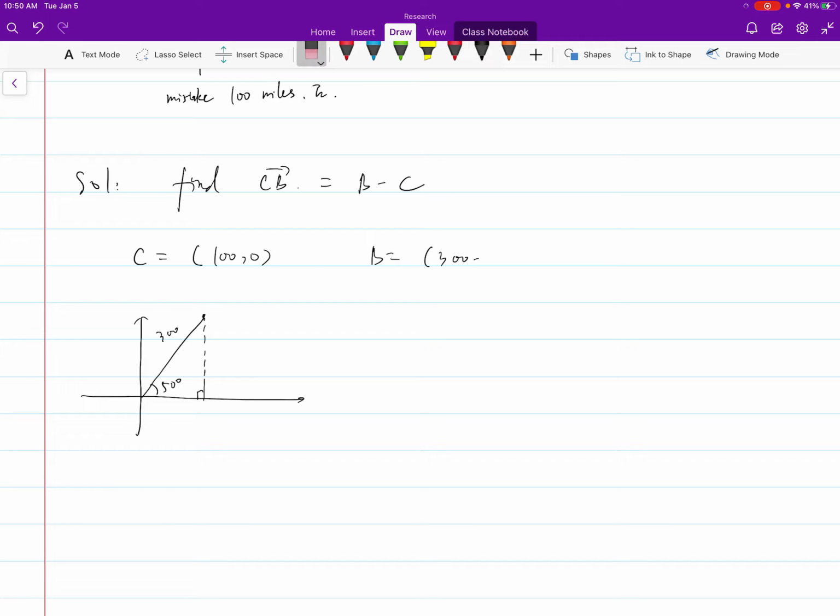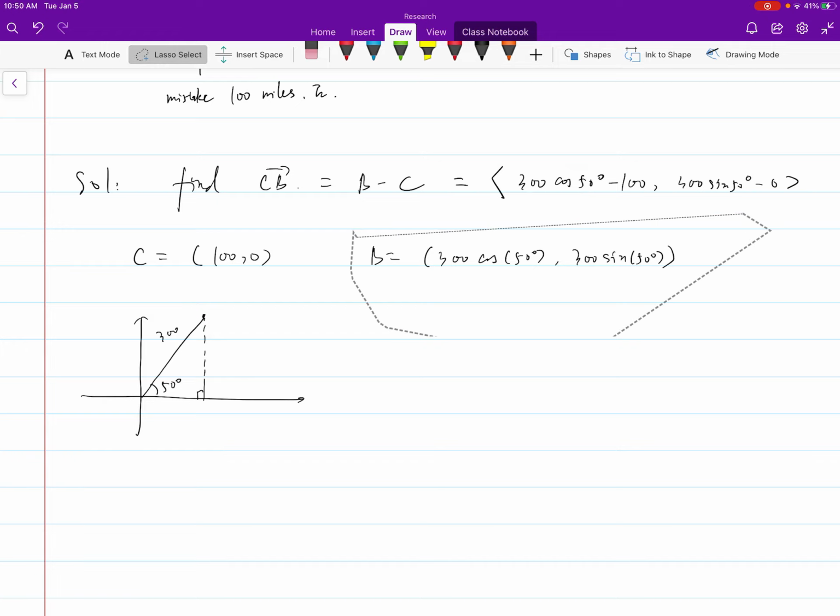So B is going to be 300 cosine 50, 300 sine 50. Okay. What is B minus C? That's the vector you're looking for. 300 cosine 50 degree minus 100, 300 sine 50 degree minus 0.